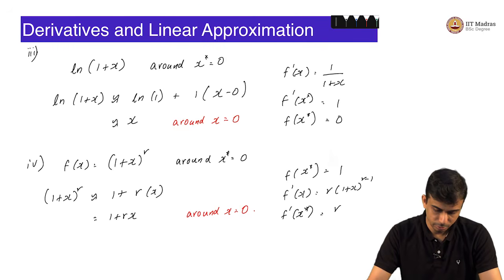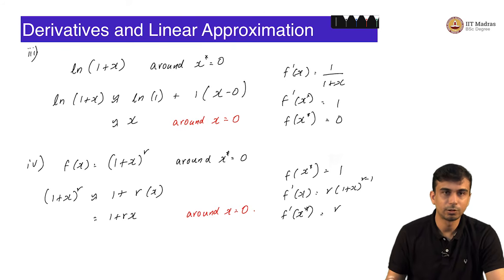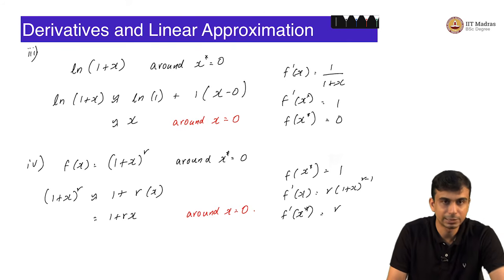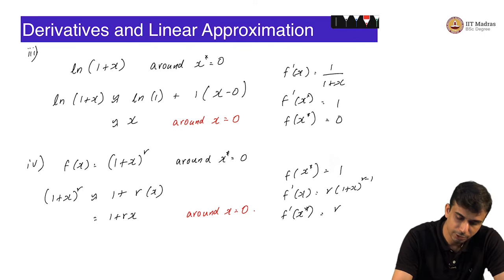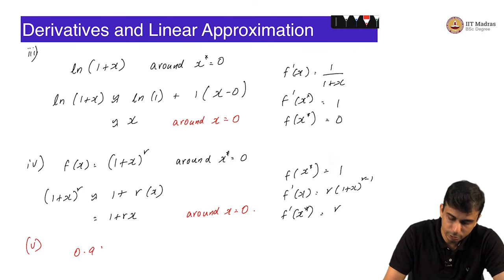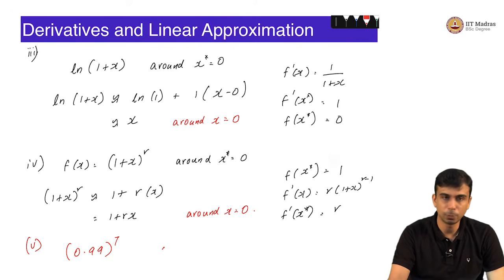Okay. Let us apply this particular idea to a simple question. Now here is an exercise question. I want 0.99 power 7. Which of the 4 options is closest to 0.99 power 7?